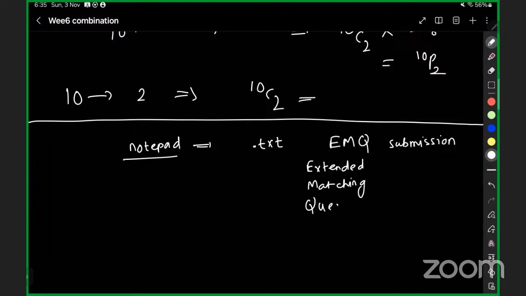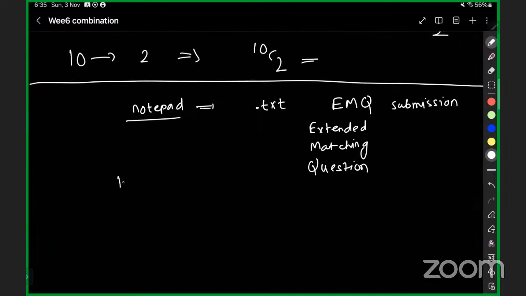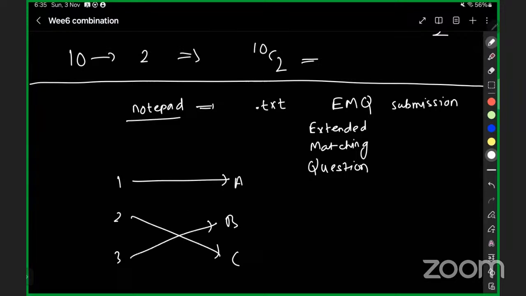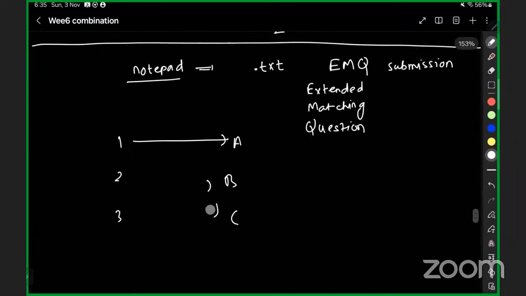No. Generally matching questions mean, let's say, A to B, something like this. But now for first, everything is possible; all three possibilities are there. All the options can be true, or some of them can be true. So that's why it's extended.